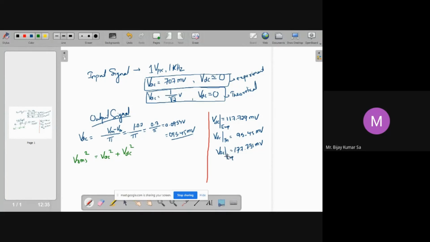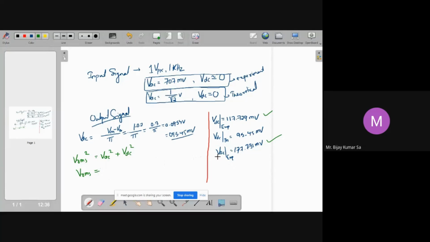So the experimental value of VRMS can be calculated using this expression. This calculation is for the experimental value. From the experiment we have got this, okay.